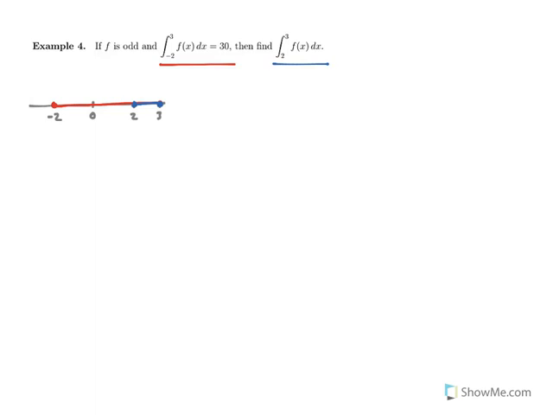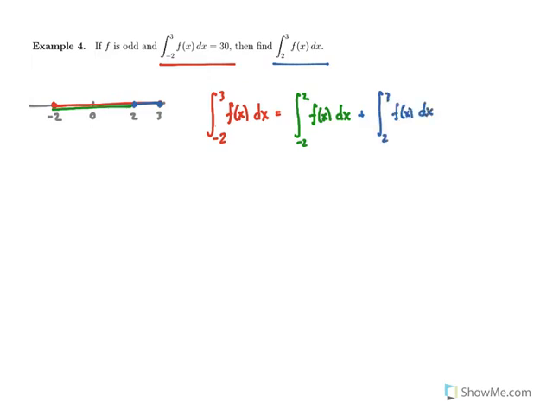So we need to break this up into a manageable piece, and since the function is odd, the best way to do this integral from -2 to 3 is to write it as the chunk from -2 to 2, which is really nice for odd functions, plus the chunk from 2 to 3.